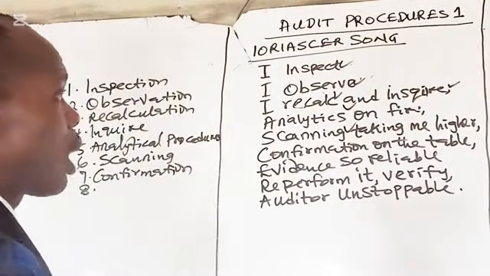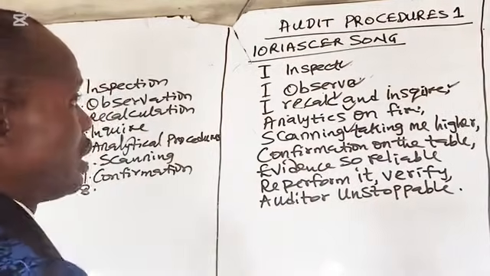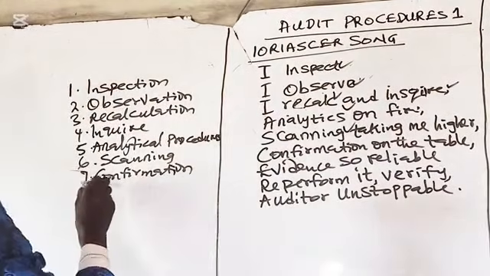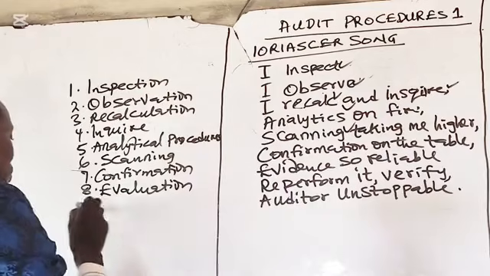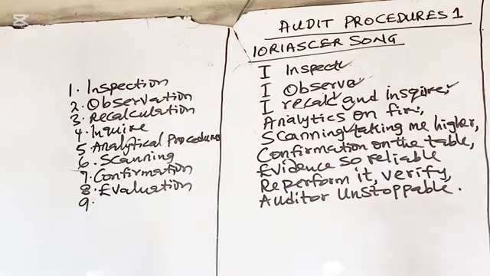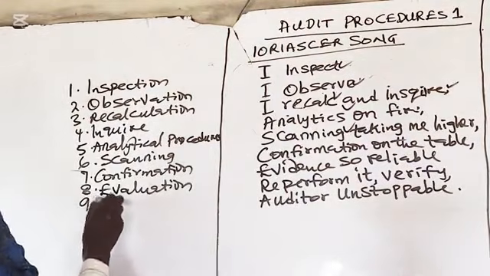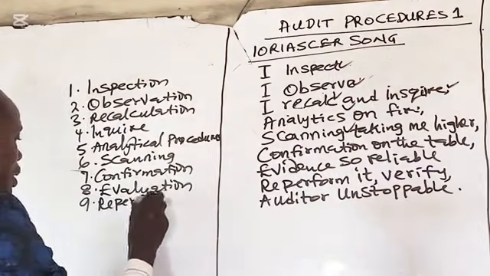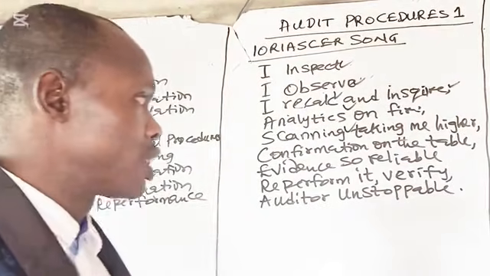I've told you the third party evidence is more reliable, which is evaluation. Number 9, we have reperformance. And that is the audit procedure from the song.